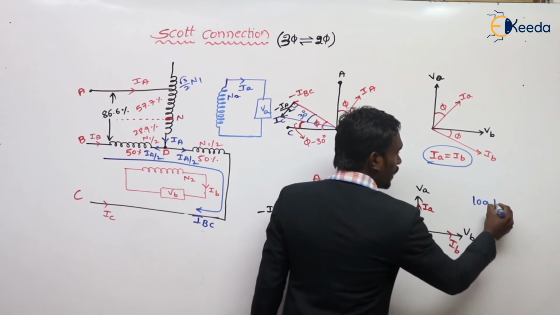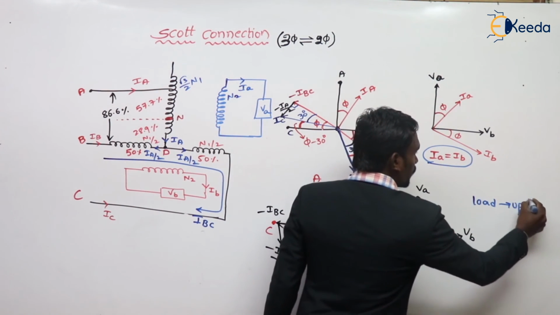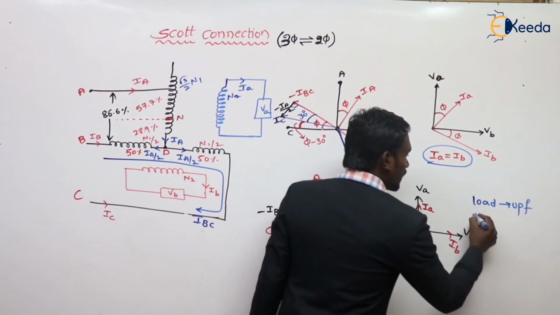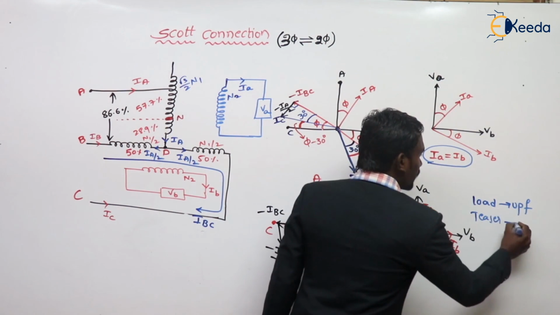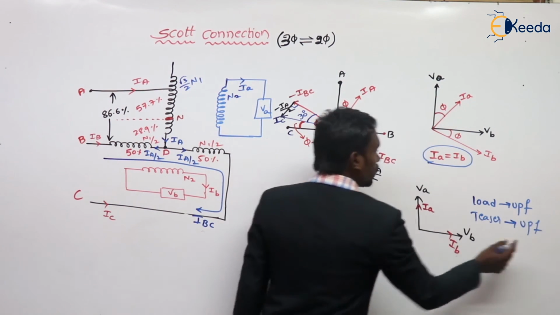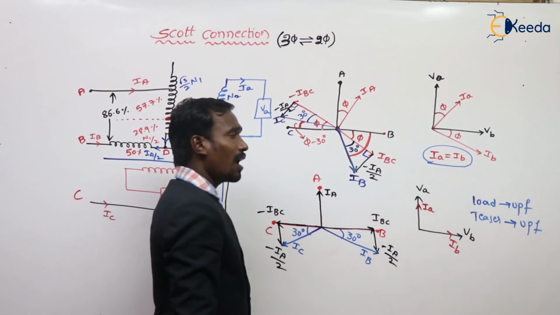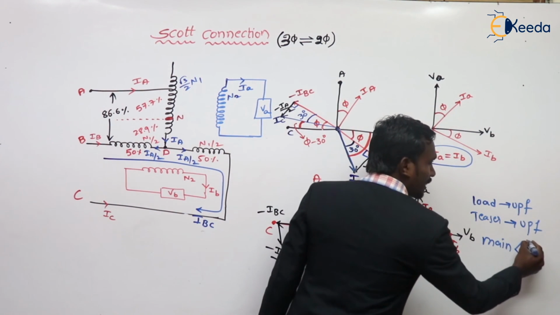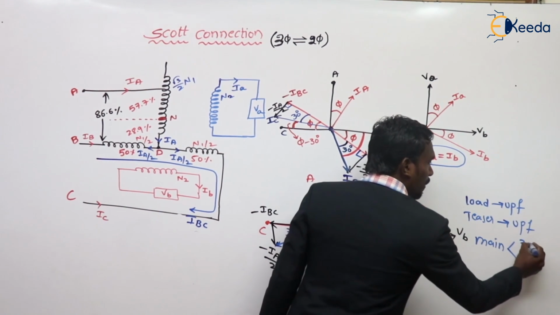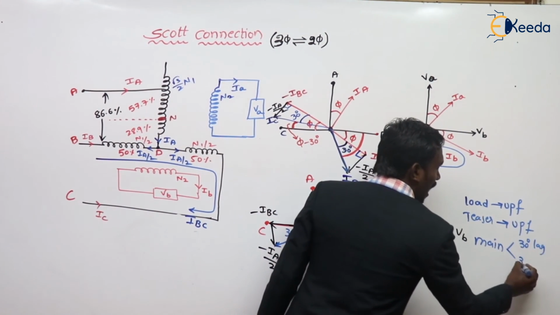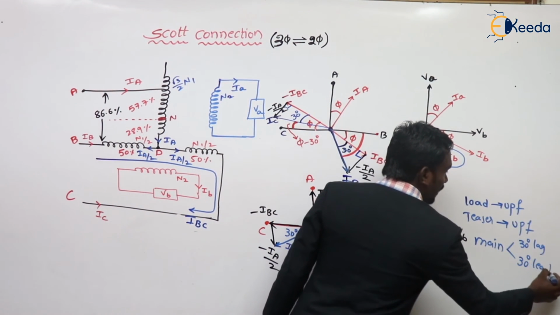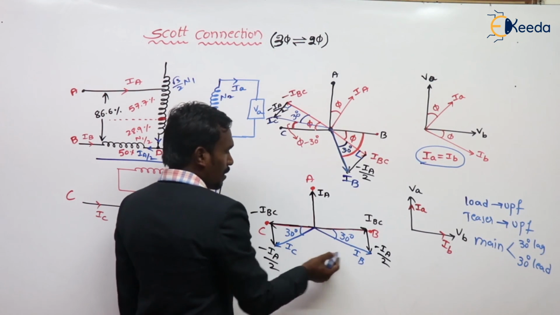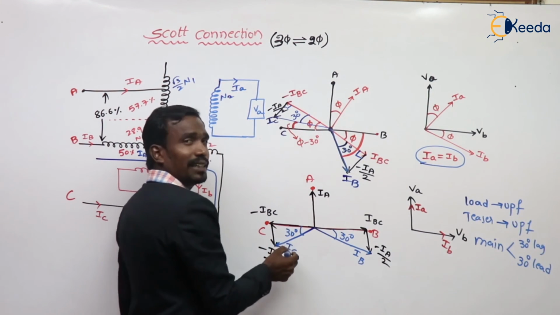If the load is operating at unity power factor, then the teaser transformer is also operating at unity power factor, and the main transformer operates at unity. That's why one is operating at 30 degrees lagging and the other at 30 degrees leading. See here, this is 30 degrees lagging, but this is 30 degrees leading.